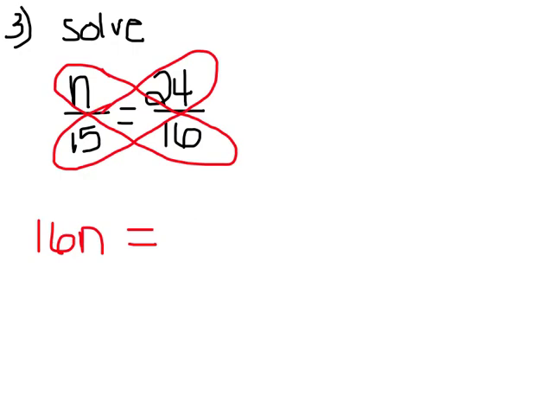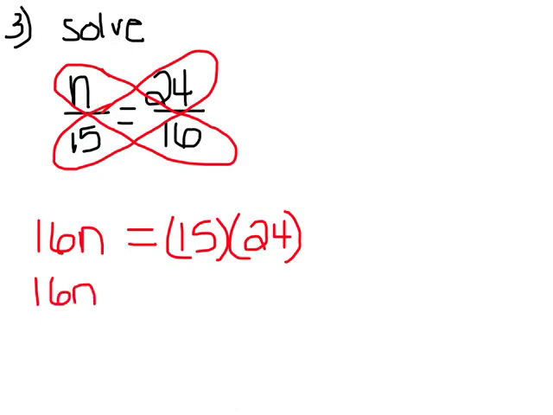So 16n equals 15 times 24, which is 360.